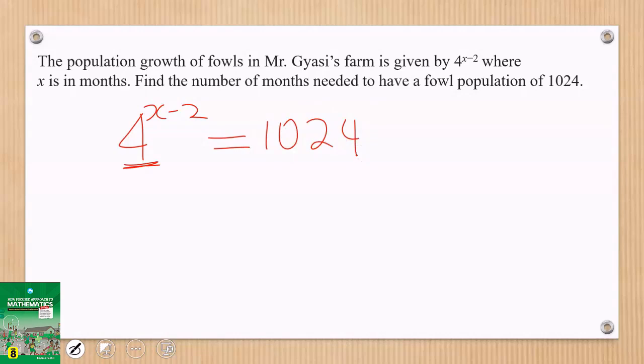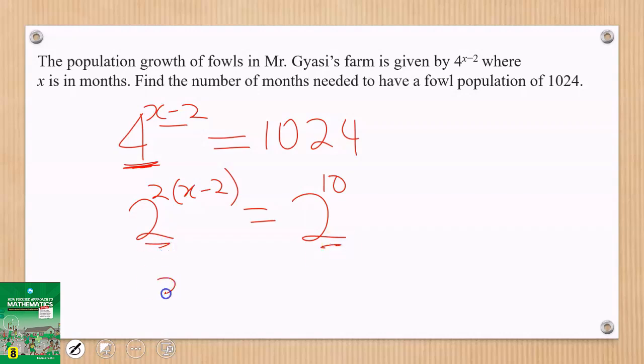Since we have 4 as the base, we can change 4 to become 2 exponent 2, then times the existing exponent. Again, 1024 can be 2 to the power 10, that means 2 times 2 times 2, 10 times will give us 1024. Now, since the bases are the same, I can write 2 into bracket x minus 2 equals 10.